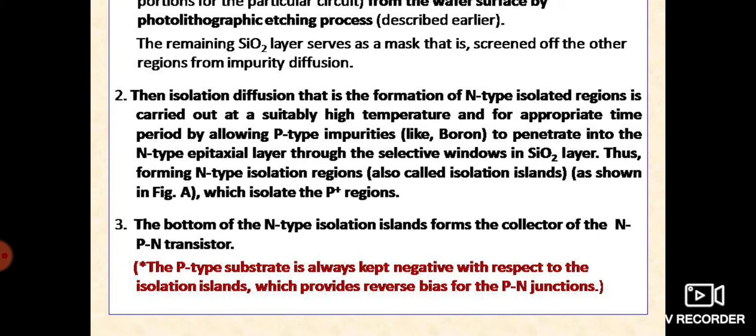And under the reverse bias condition, there will be a minimum current flow. That is, those PN junctions will not be conducting. This is to be done so that there will be no conducting PN junctions.